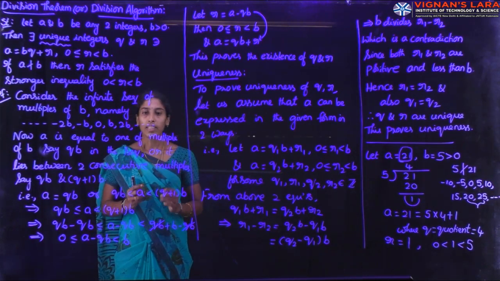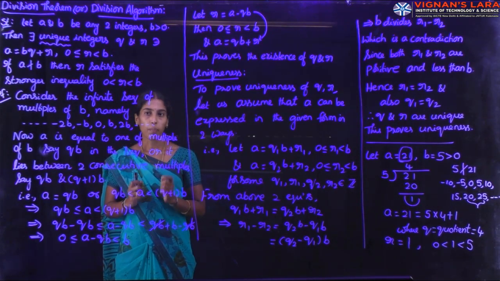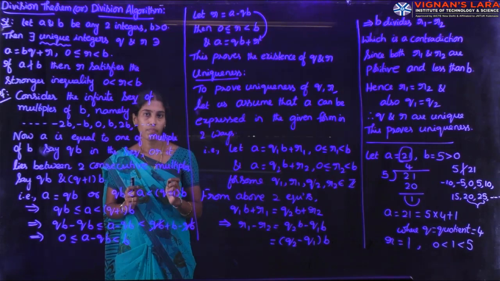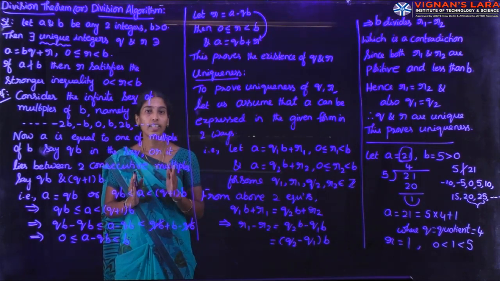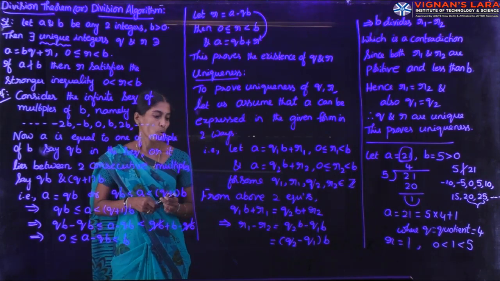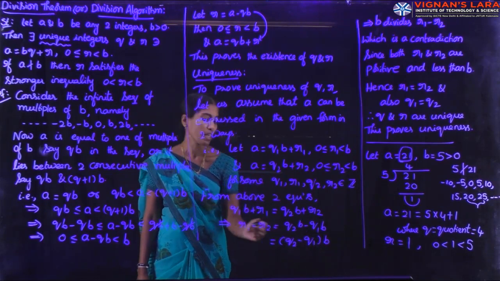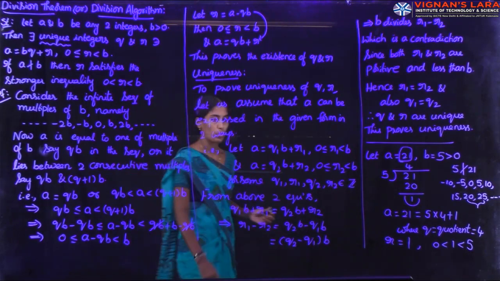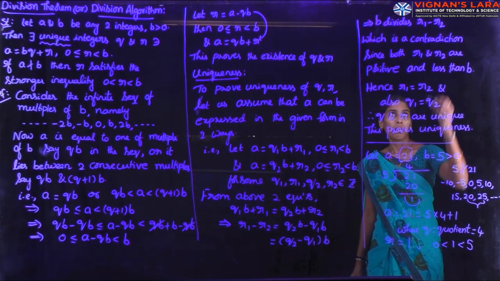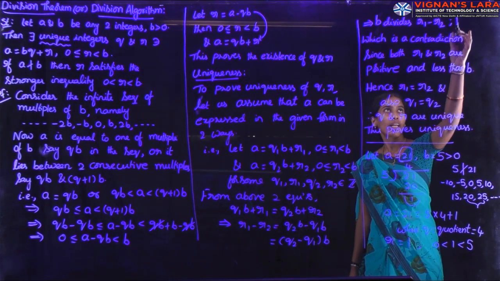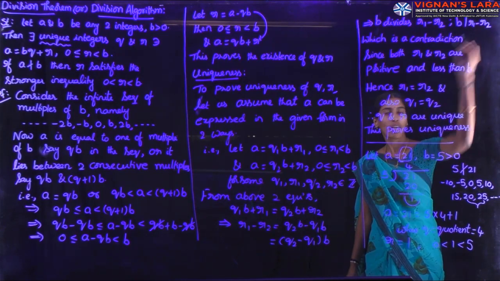So already we discussed the definition of divisibility: whenever B is equal to AX, B is a multiple of A, then we say that A divides B. So here R1 minus R2 is a multiple of B, which implies B divides R1 minus R2.